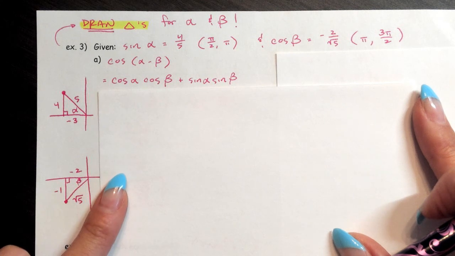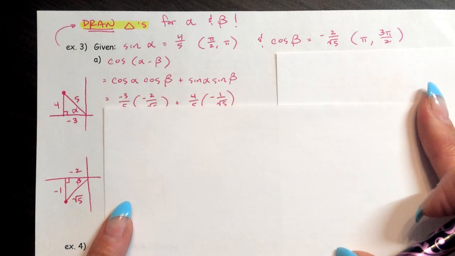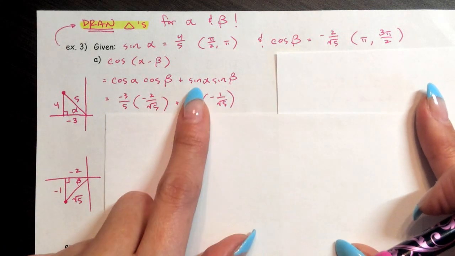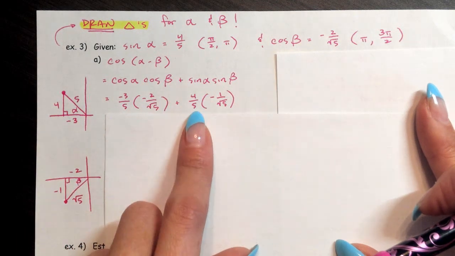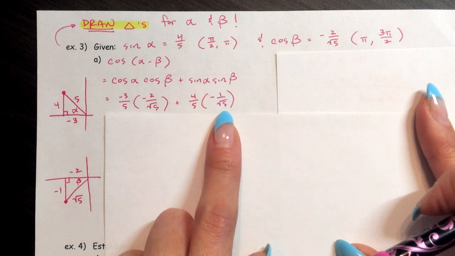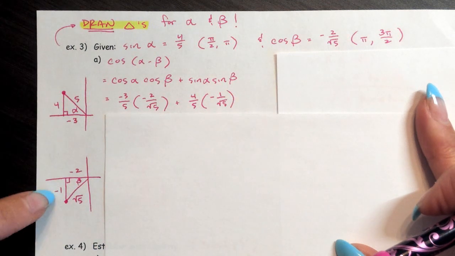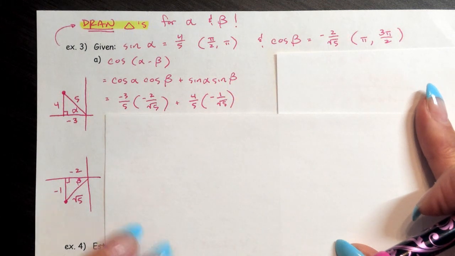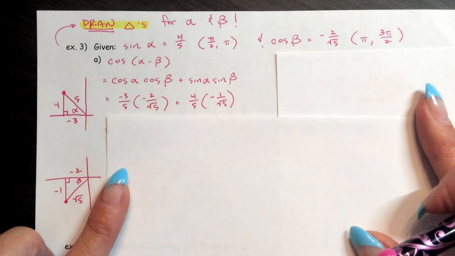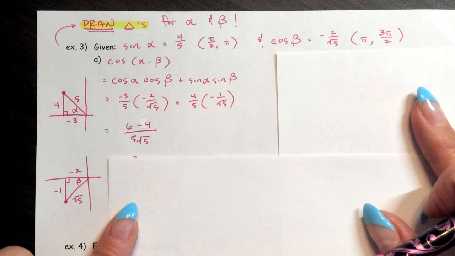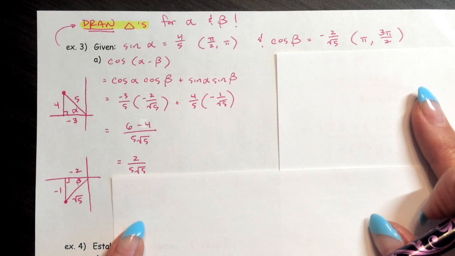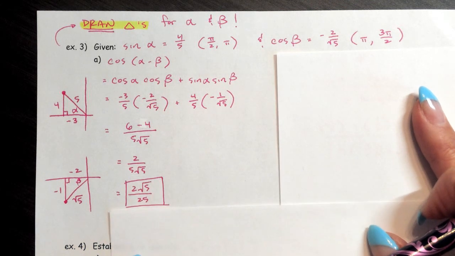So you literally just write it in, and you use these alpha and beta triangles to fill in opposite over hypotenuse and opposite over hypotenuse. And then you multiply, and then you keep going, and then you rationalize. And then there's your final answer.